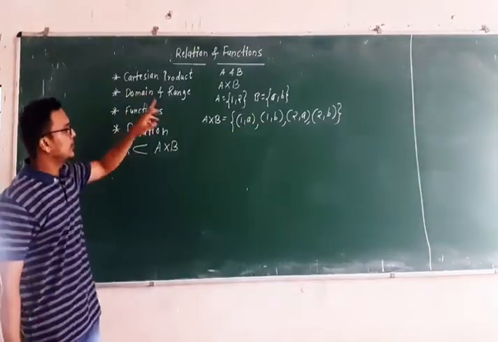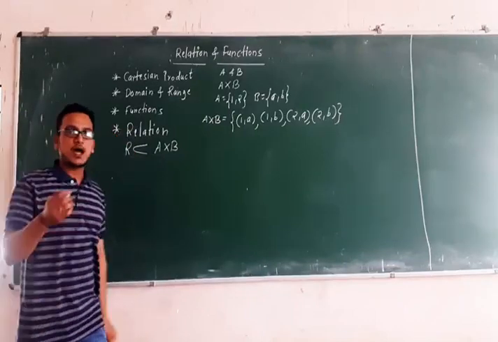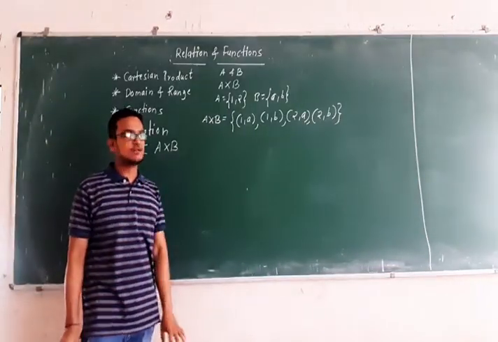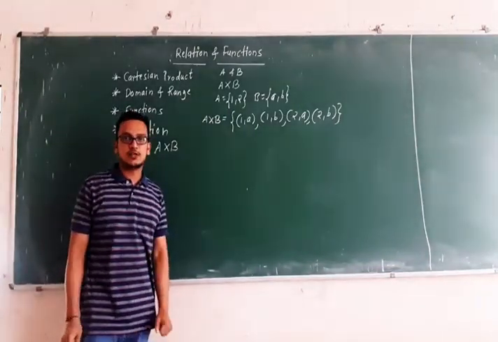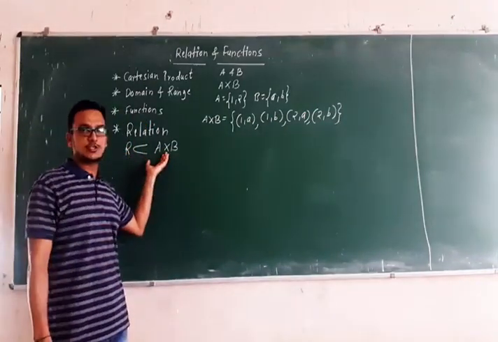Now come to the point of domain and range. Once any relation is given, how do we take the domain and range from it? As we know, R is a subset of the Cartesian product.